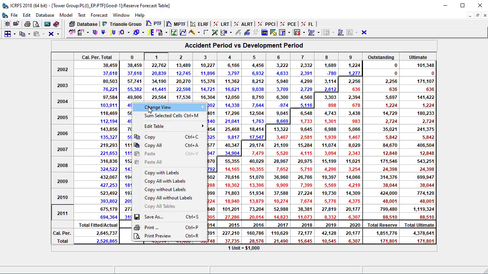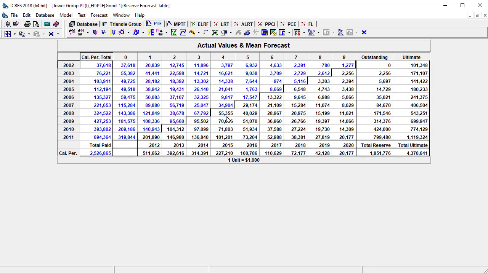So if I just switch it to actual only to make it a bit easier, we can see that the losses are increasing substantially down each development period. And that corresponds both to the growth in the earned premium, which we mentioned, as well as that 11% trend. And you'll also see that the losses are similarly increasing as we project down later development years.